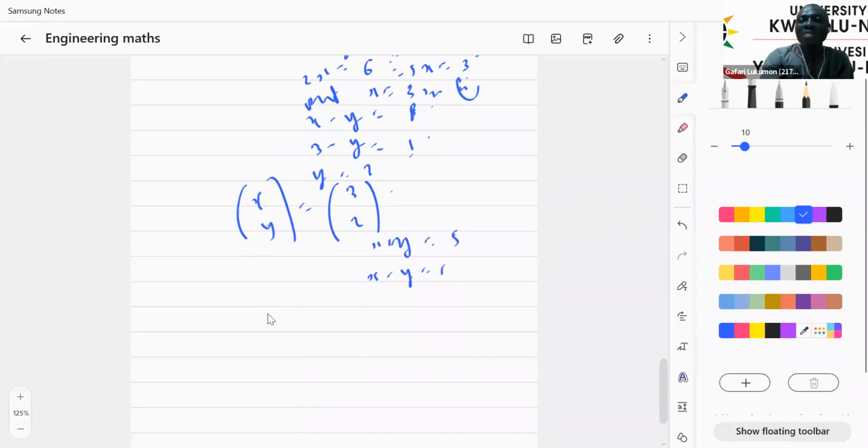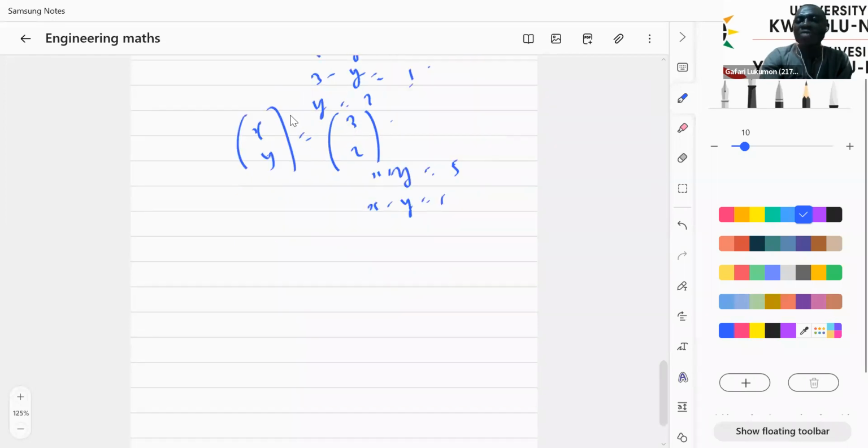Let's say I want to graph this function. You understand now? This is the same thing as if you rewrite y, that's y is the same thing as 5 minus x. And y for the second equation is the same thing as s minus 1. So this is 5 minus s, and this is s minus 1.